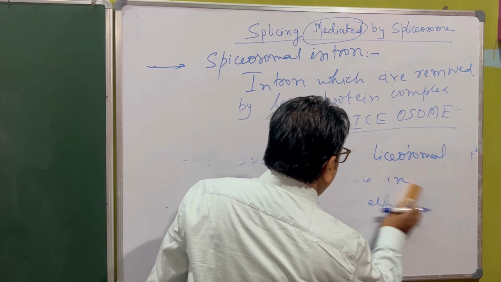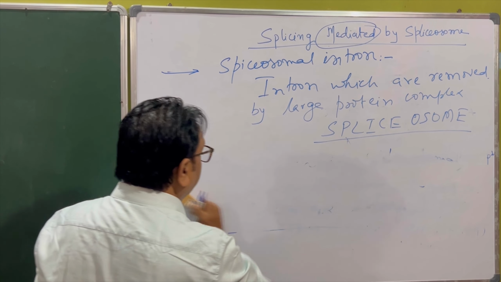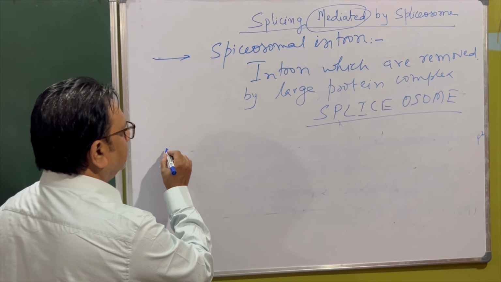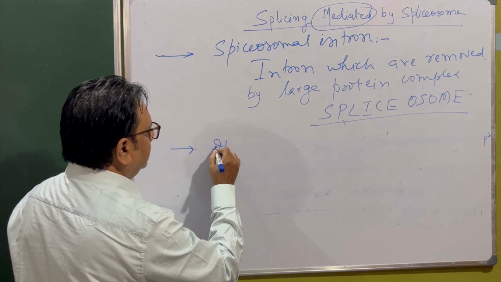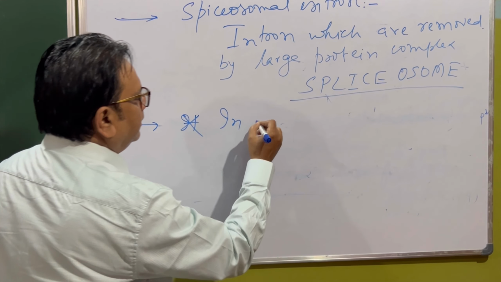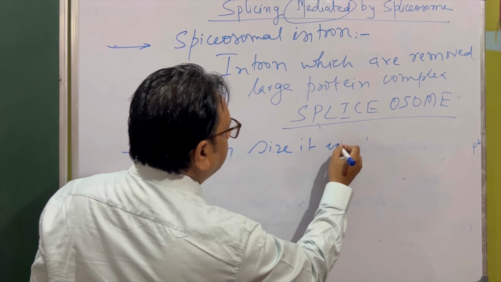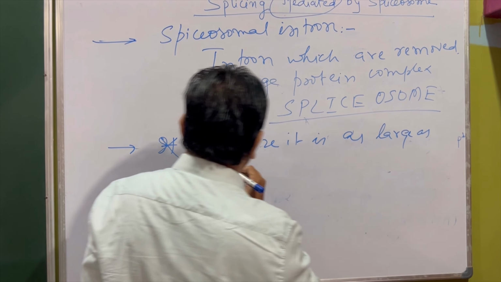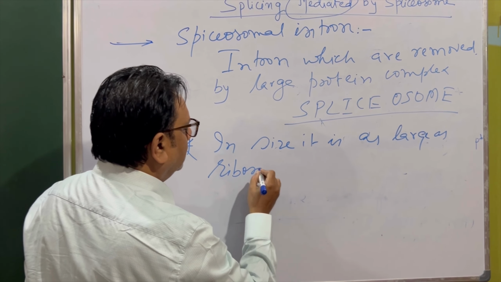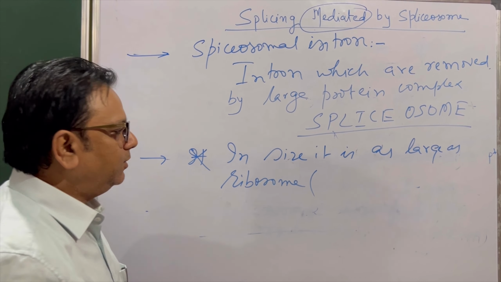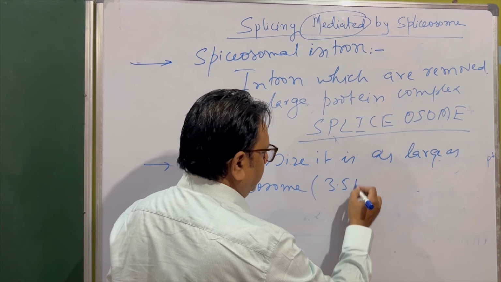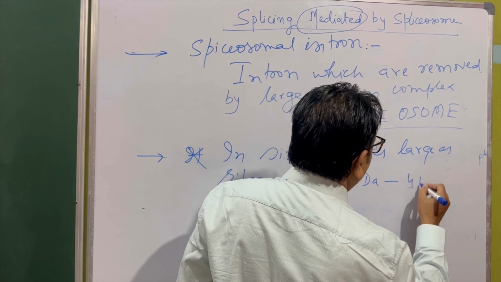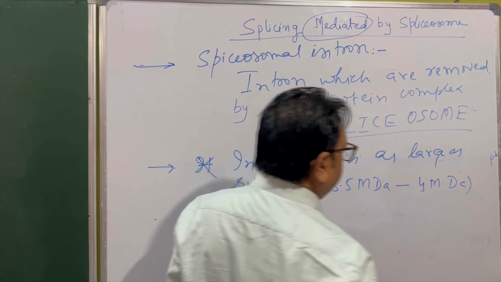Now we are saying that it is large. How large is it? In size, it is as large as a ribosome. The upper and lower limit is 3.5 megadalton to 4 megadalton in size.